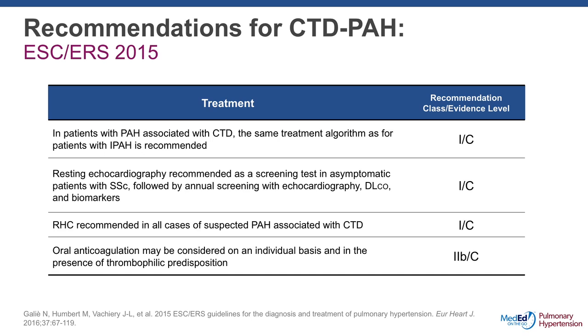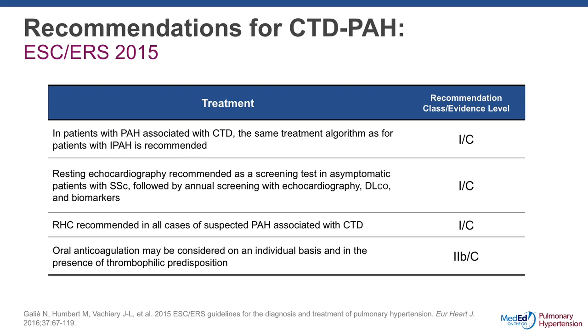The recommendations for the connective tissue disease PAH group, based on the ERS-ESC guidelines in 2015, recommend that the treatment algorithm for connective tissue disease PAH is no different from idiopathic PAH. Again, this is a class 1 recommendation.